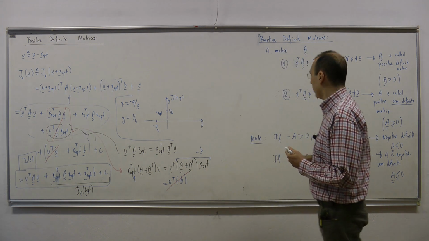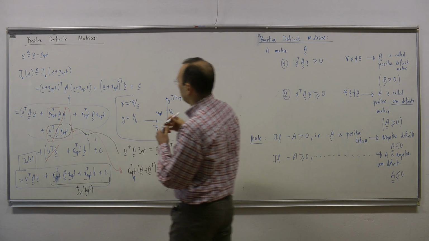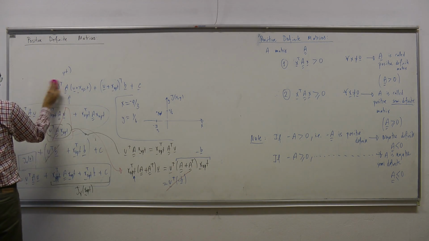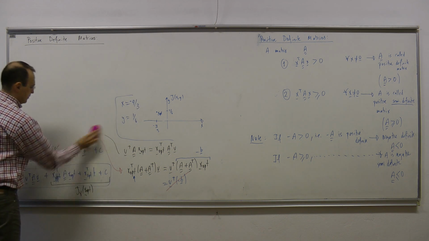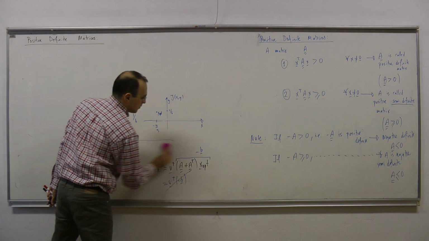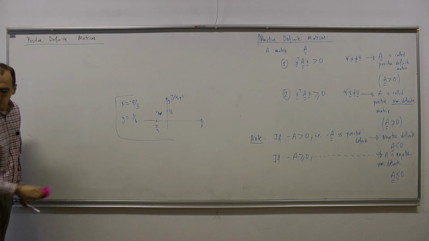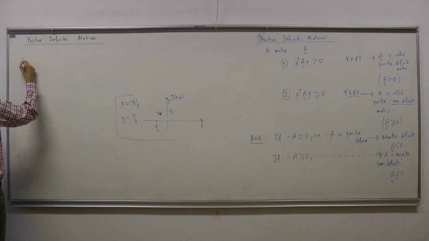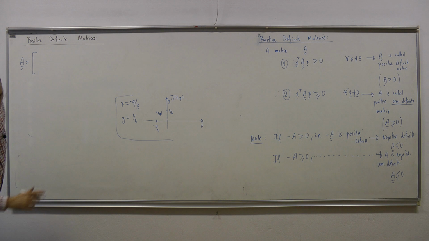But let me erase it further then. I want to keep this because now I want to show something else. So what was our A matrix in this example? It was 2, 4, 4, 2.